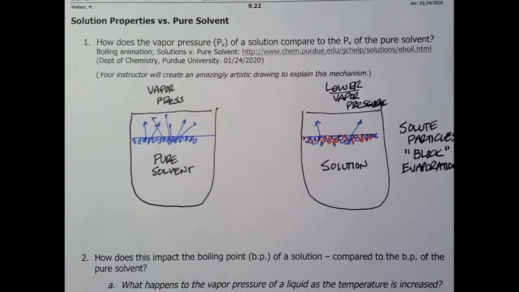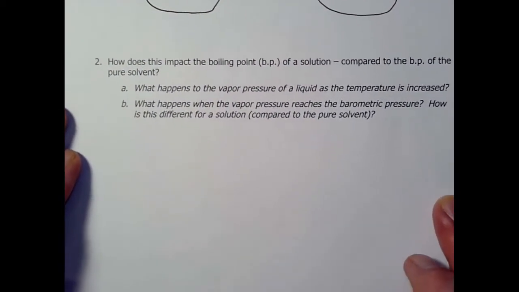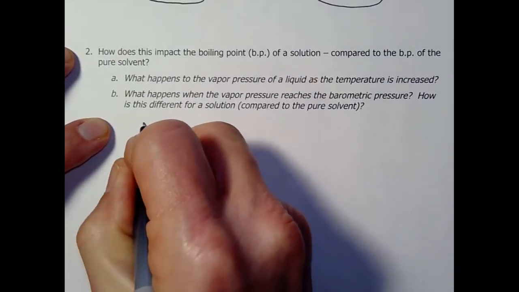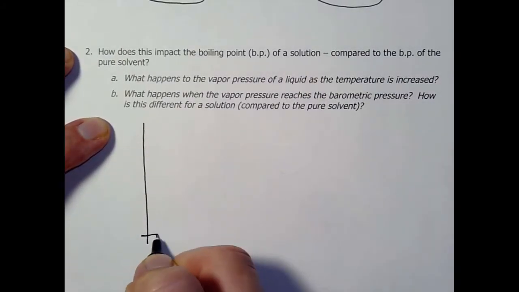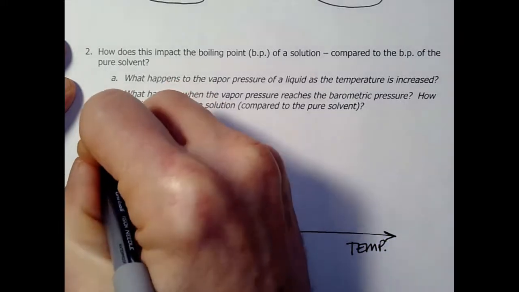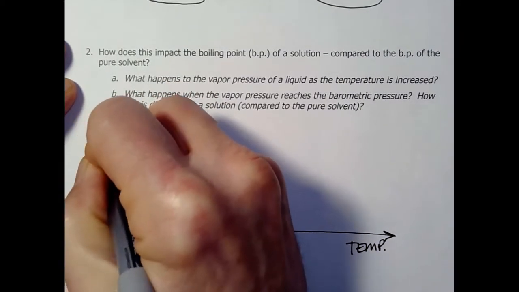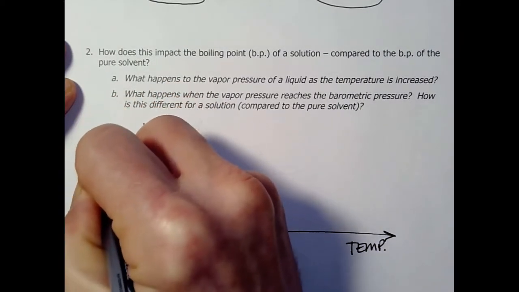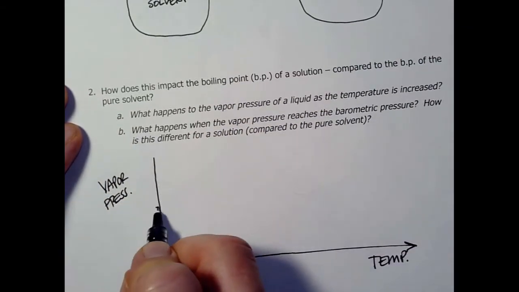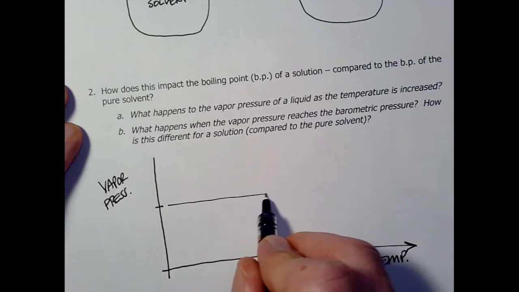Now here's where it gets really cool. So, what do you think about this? I'm going to draw a little graphic here, temperature and vapor pressure. And I'm going to make a note right there.